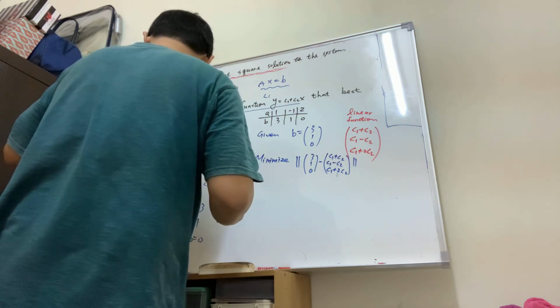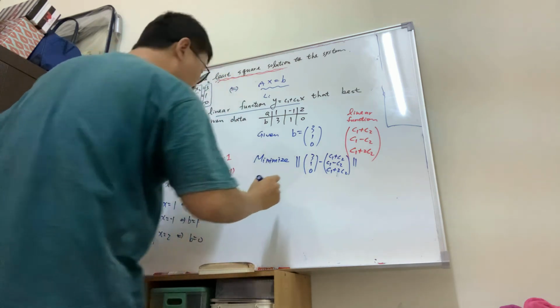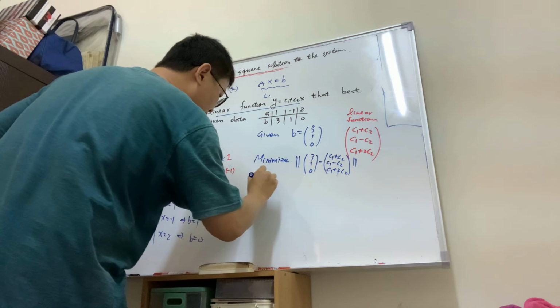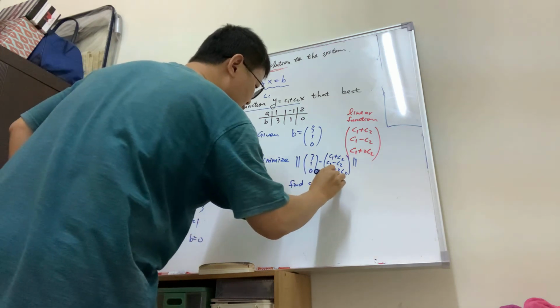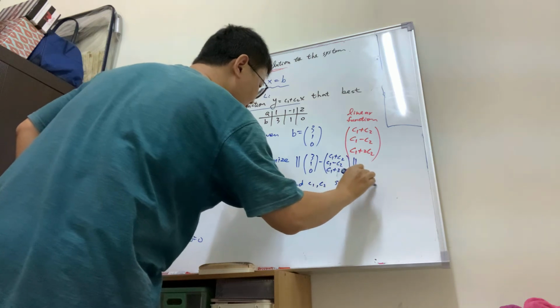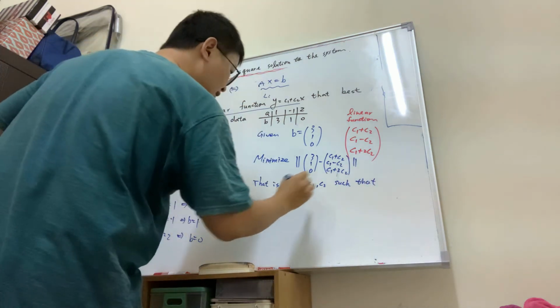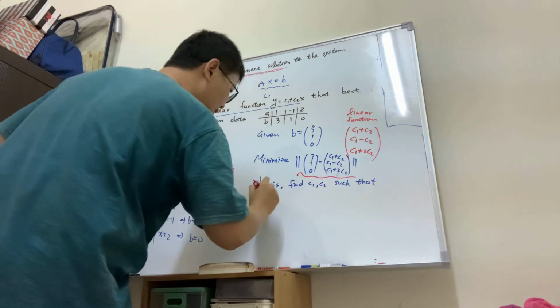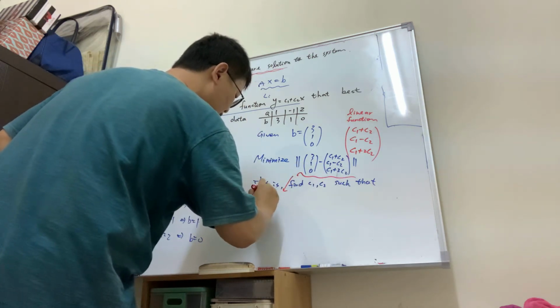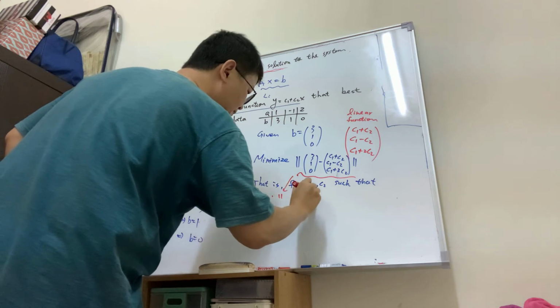So it means that we want to find c1 and c2 such that this term is the minimum.